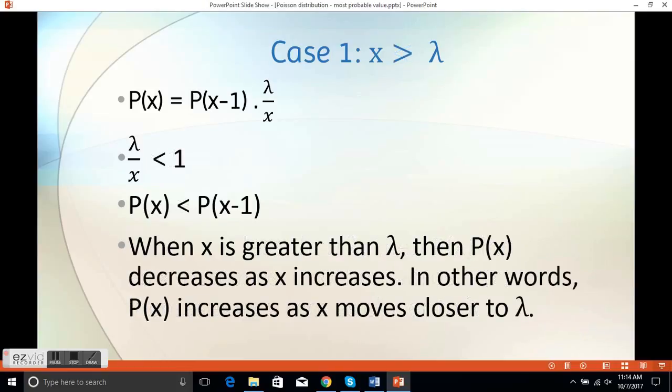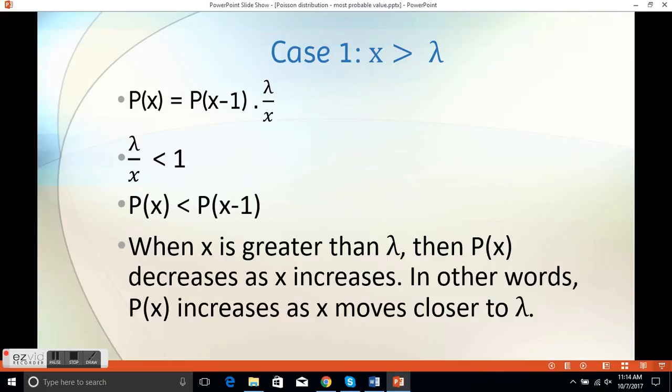Another case, x is greater than lambda. When x is greater than lambda, then lambda divided by x will be less than 1. So in that case, P of x is less than P of x minus 1. Or we can also say that P of x minus 1 is greater than P of x. Now, x is greater than lambda, so x minus 1 is closer to lambda.